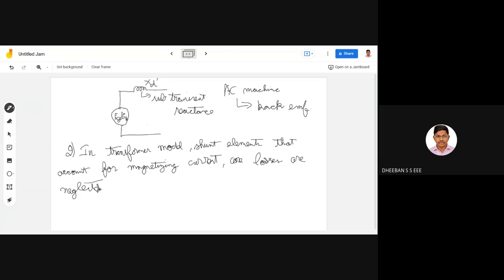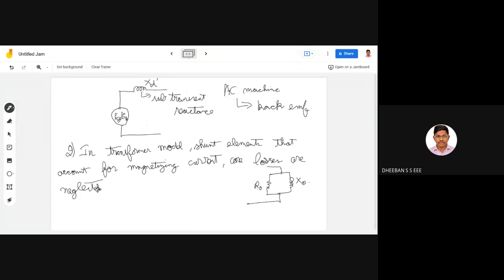Whenever the current flows high in your transformer, you know about the transformer equivalent circuit. You'll be having a core, like this, in the equivalent circuit. You'll have your R followed by the X naught.